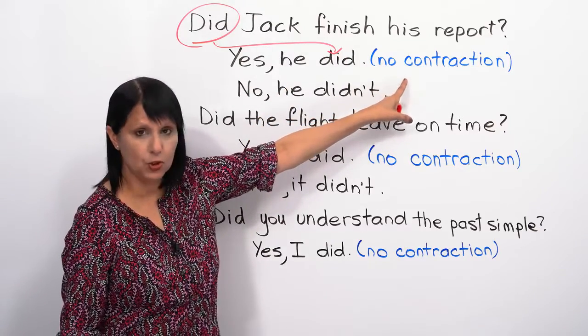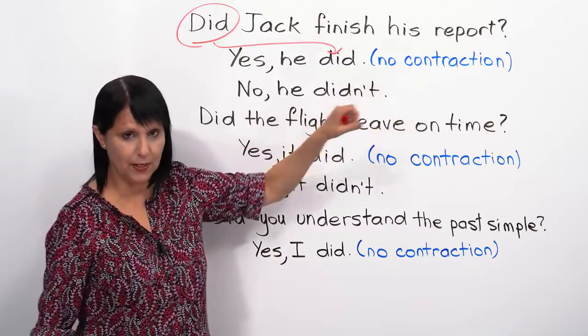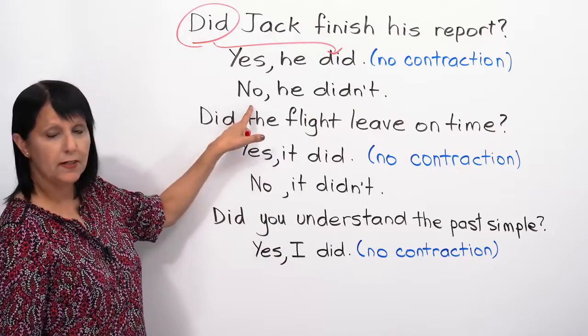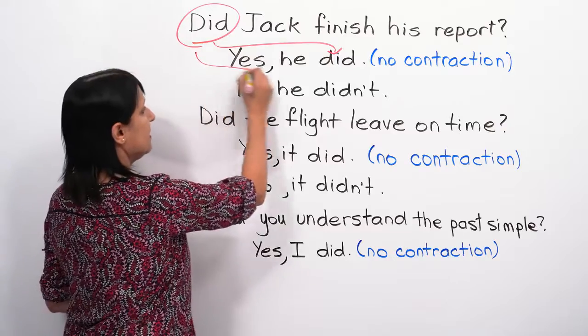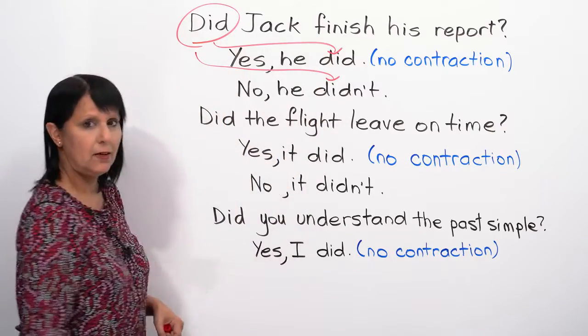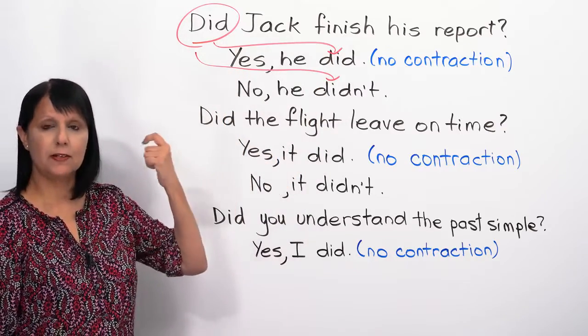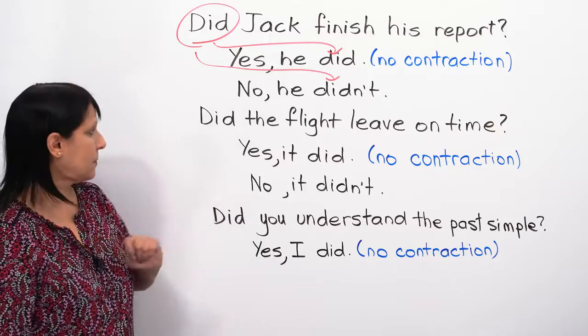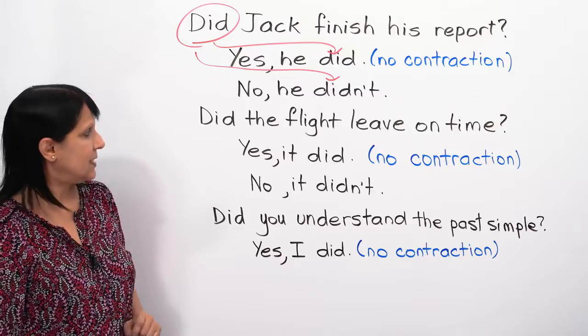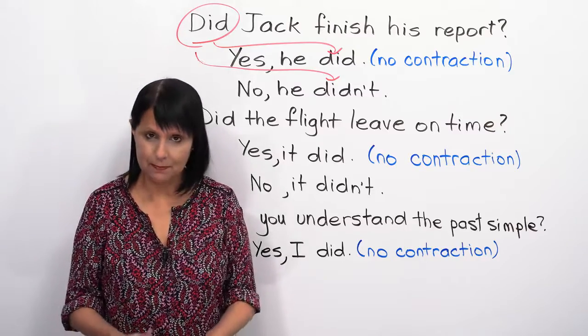And that cannot be shortened. No contraction allowed there. Or, no, he didn't. All right? And again, we get didn't from this did. All right? It's coming from there. So the way that the question is asked is the way you can answer. That will help you. The next question. Did the flight leave on time?